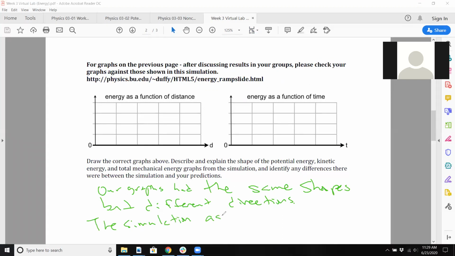The simulation assumed top of ramp at as the bottom of the ramp.